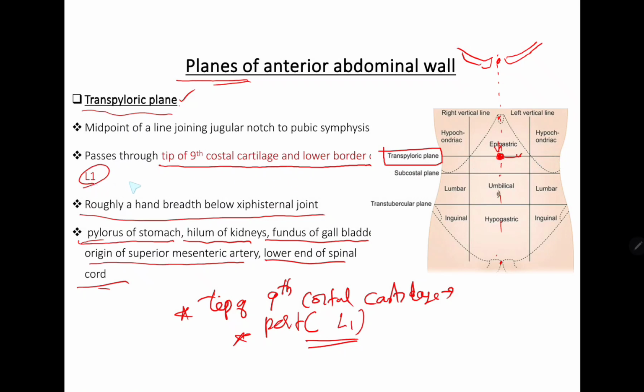Roughly it is a hand breadth below the subcostal joint. The main structures are the pylorus of the stomach, hilum of the kidneys, fundus of the gallbladder, origin of the superior mesenteric artery, and lower end of the spinal cord. Normally the transpyloric plane is used for examinations because it has this importance. Remember this point.